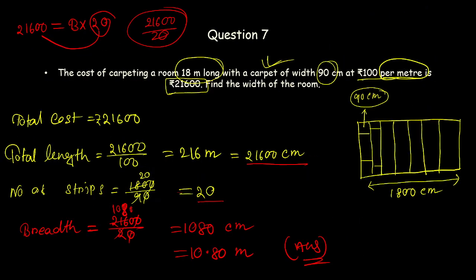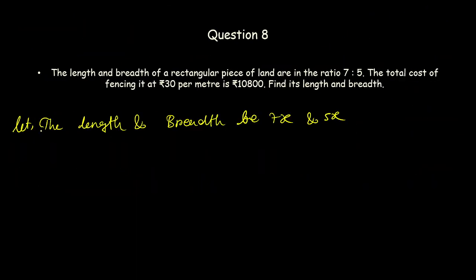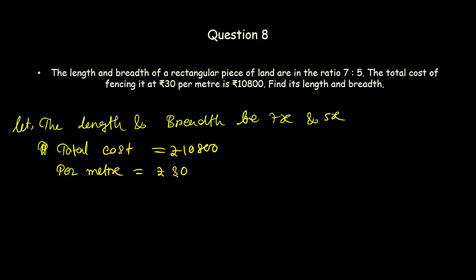Here also we'll do that. Total cost is how much? Total cost is rupees 10800, and per meter cost is rupees 30.